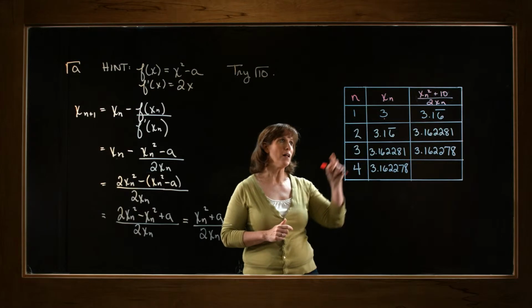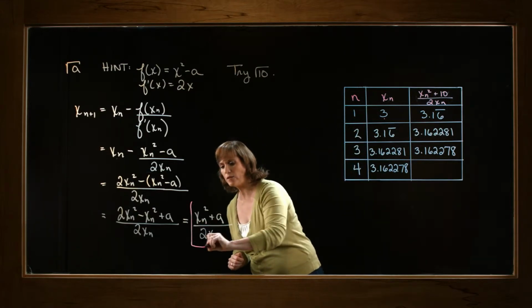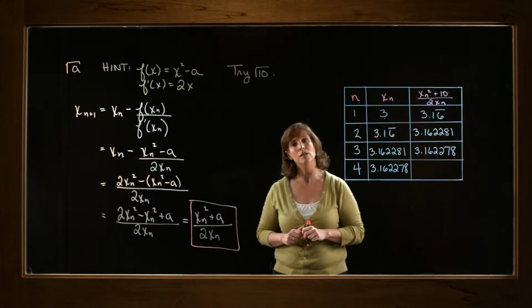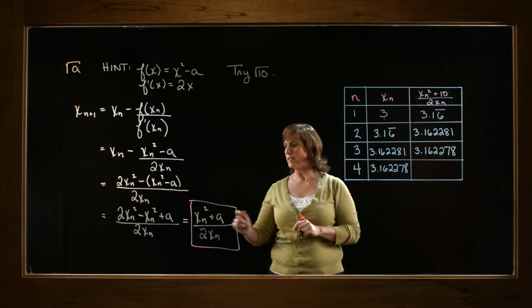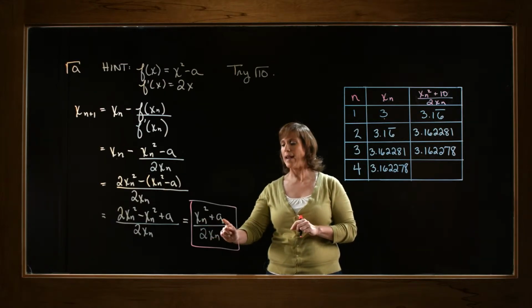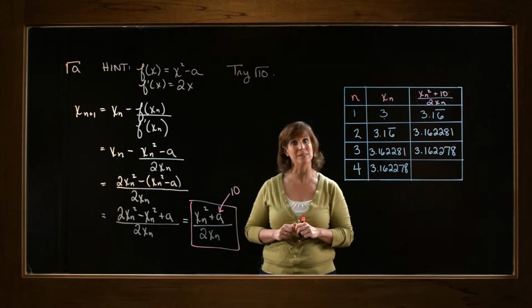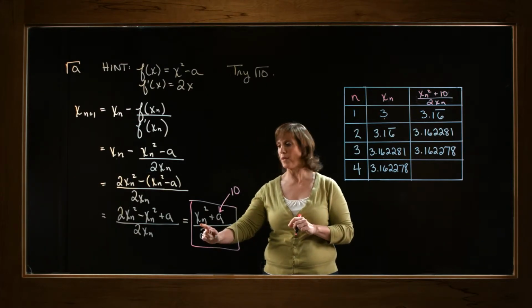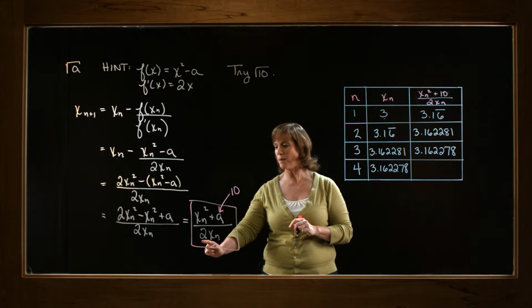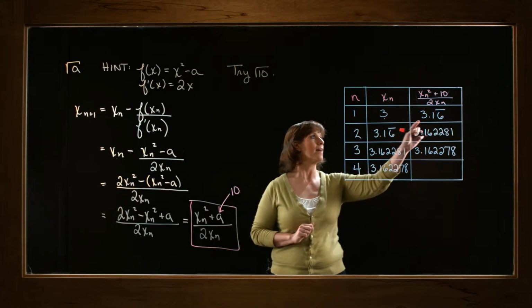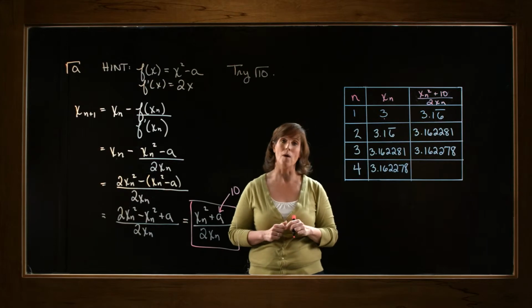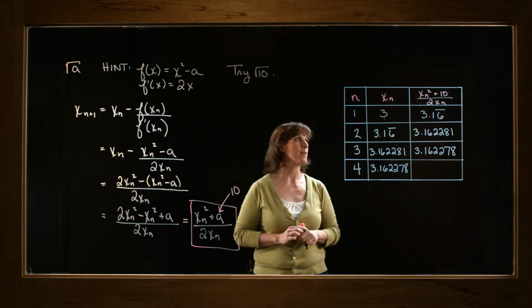And then I'm going to plug 3 into this formula that I created using Newton's method. So I'm going to take 3 squared and add 10, because in this particular problem, the a value is 10. So I've got 3 squared plus 10 divided by 2 times 3. That gives me 3.16 with the 6 repeated.